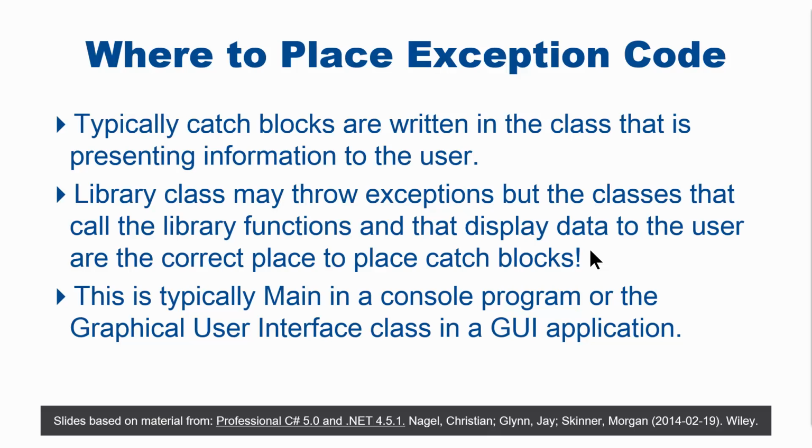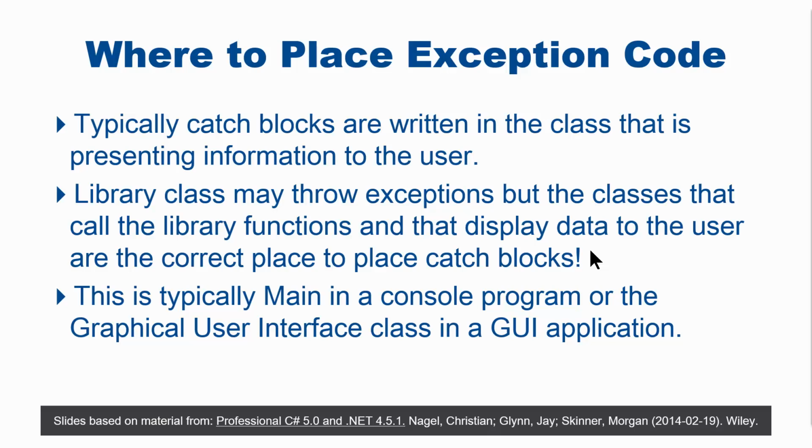In a console application, often we want to do all of our input and output from our user from main, or something that's very close to main. We try to separate our concerns so that we have one class that's doing user input and other classes that are essentially modeling data or providing functionality.